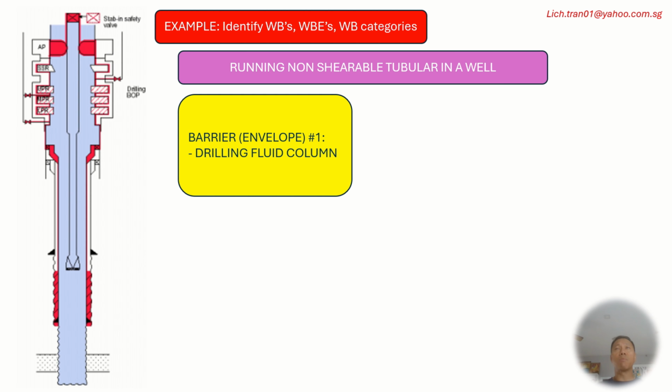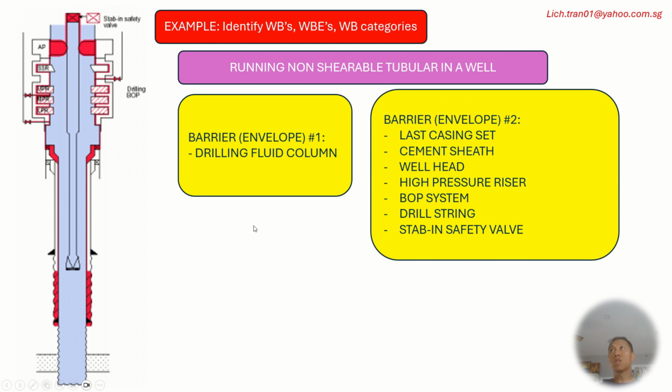The barrier number one is the drilling fluid column, the mud column, from the top of the well to the bottom of the well. And the well barrier number two, or the envelope number two, comprises these elements. Number one is the last casing that we have set in place, and the cement sheath that we have placed behind the casing.